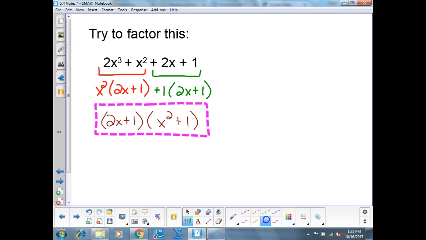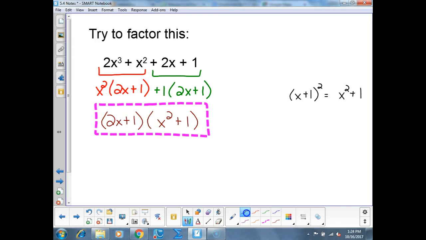Would that be considered wrong, or should I just leave it as x plus 1 quantity squared? That is wrong, because x plus 1 quantity squared is not x squared plus 1. What you're saying here is that x plus 1 squared is the same as x squared plus 1.